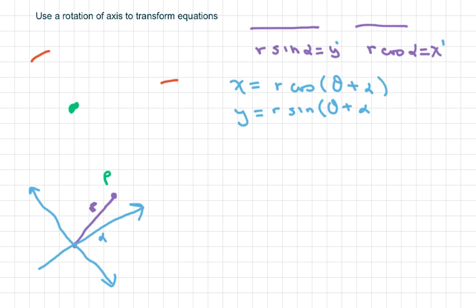Let's solve for x. We know that x equals R cosine of theta plus alpha. Now I have to use my sum formula for cosine.